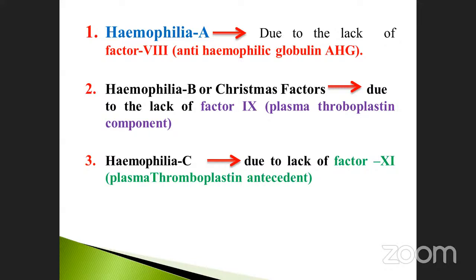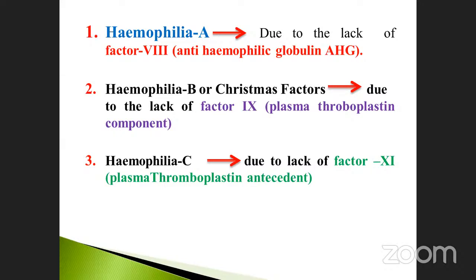That means the particular gene will not produce the 8th factor. That condition is called hemophilia A, anti-hemophilic globulin, AHG. That factor is called the 8th factor, and when it is lacking, that is called hemophilia A.